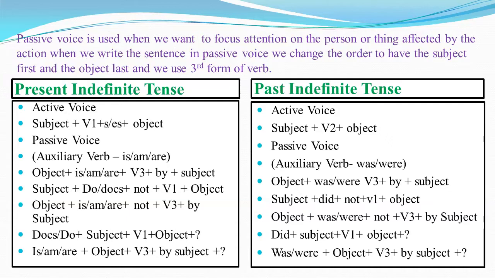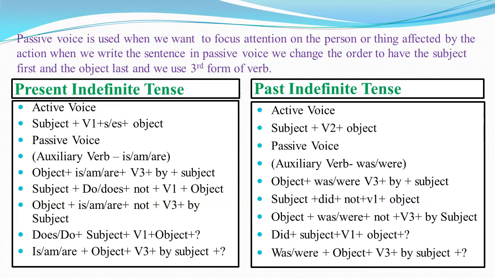And the structure of a negative sentence, active sentence, is subject plus do or does plus not plus first form of verb and then object. And the structure of a negative sentence in passive voice: object plus is, am, are plus not plus third form of verb, then by, and then subject.